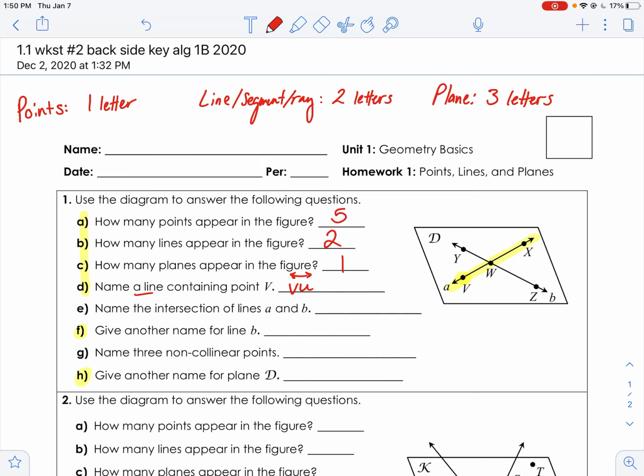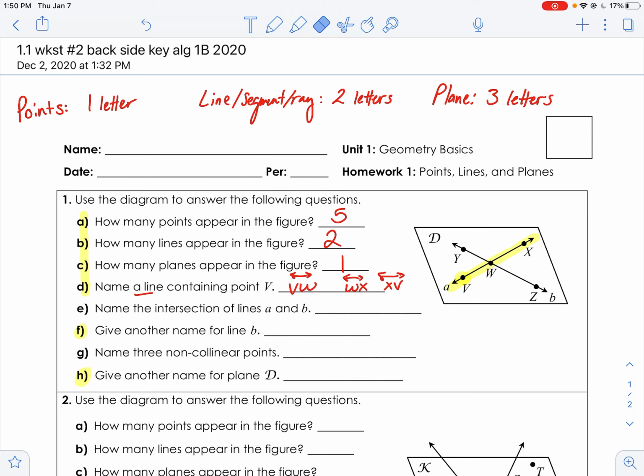So I could say VW, or I could say WX, or I could say VX, or I could switch the order and have XV or WV or XW. Does not matter with a line or a segment.